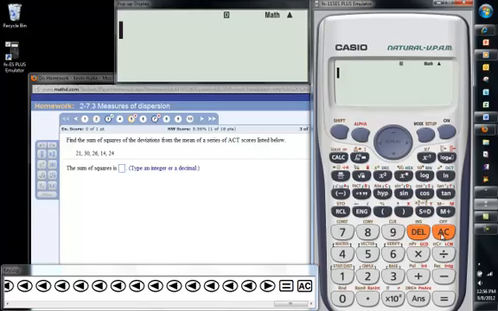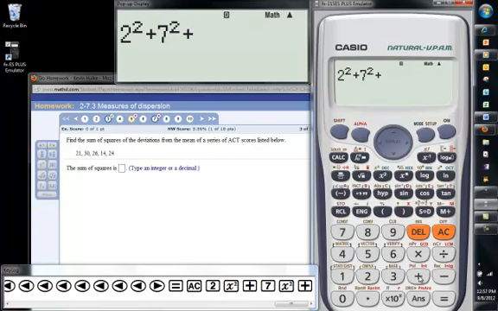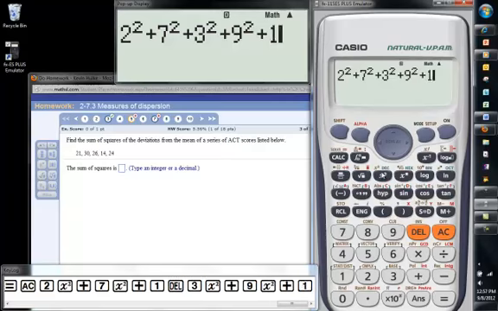So it's always going to be positive anyway, so I'll just take the 2 and square it, plus 7 and square it, plus 3 and square it, plus 9 squared, plus 1 squared is 144.